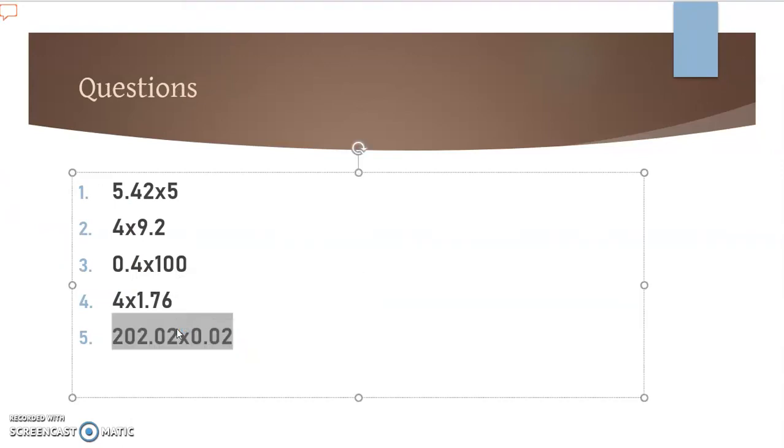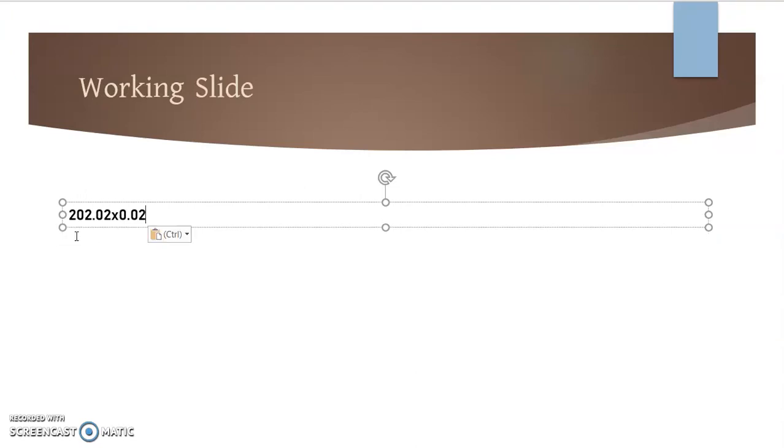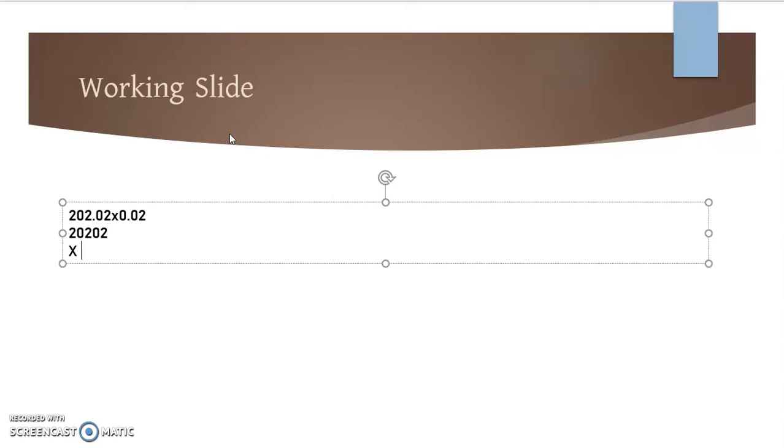Next question looks a bit overwhelming. It's actually not that overwhelming. Over here, our first number has 2 decimal points. The second number also has 2 decimal points. So our answer should have 2 plus 2, 4 decimal points. We'll represent this without decimal points. 20202 into simple 2.